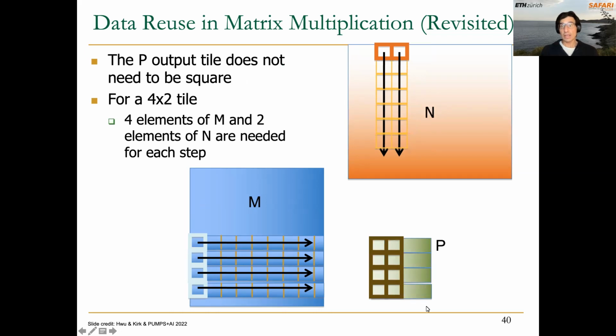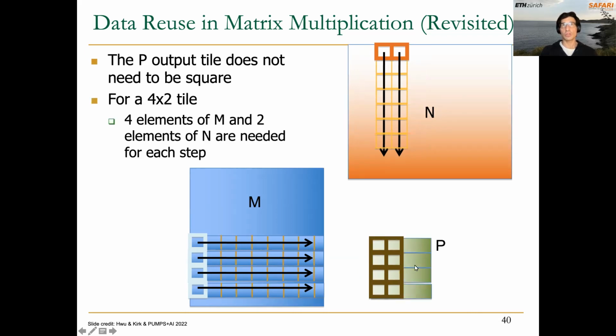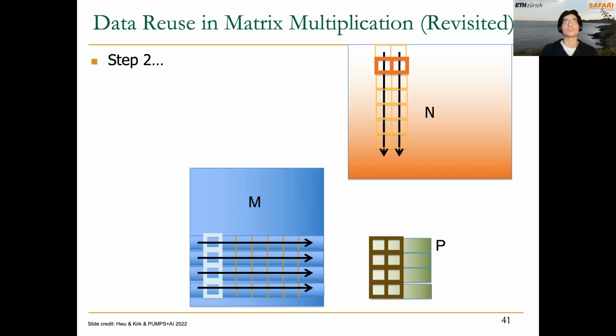The tile of the output matrix doesn't need to be a square. It was a square in this figure, but it doesn't need to be a square. And here in this example, we have a 4x2 tile, right? So in each step, in each iteration of the matrix multiplication algorithm, we are going to use 4 elements of M and 2 elements of N. That will be step 1 or step 0 or index i equals 0.